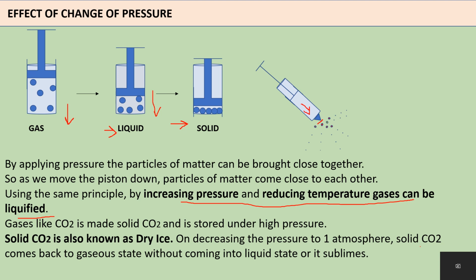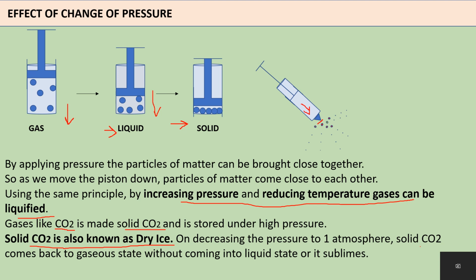Gases like CO2 are made solid CO2 by increasing pressure. Solid CO2 is also known as dry ice. Why dry ice? Because the state after increasing pressure has changed to solid.